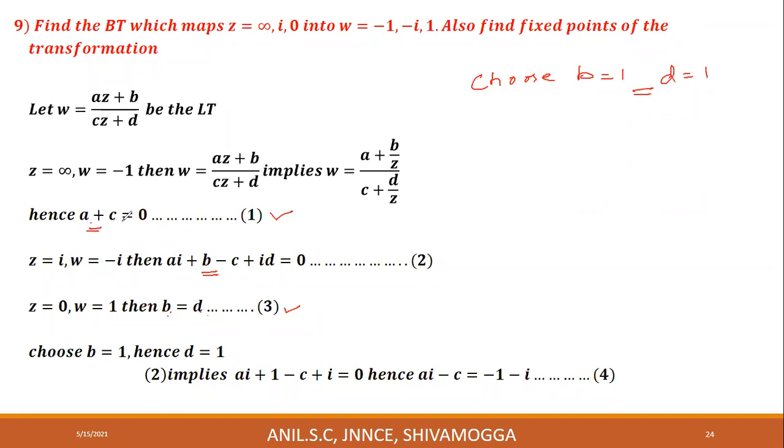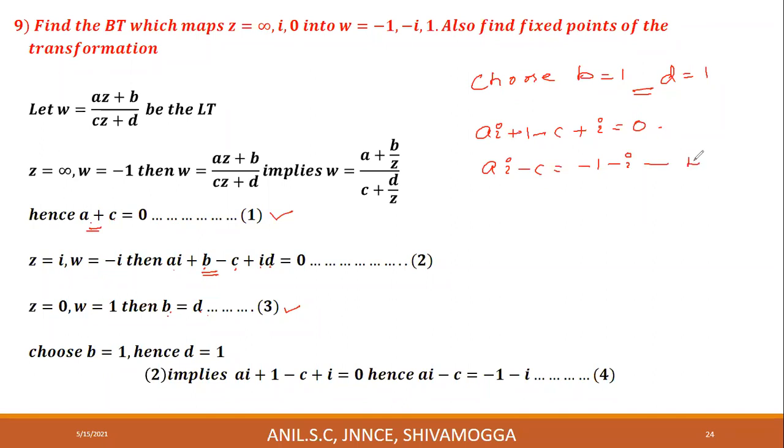Equation number 1, keep it as it is. Equation number 2: ai plus b, b is 1, minus c plus id, d is equal to 1, is equal to 0. Substitute here: ai plus b is 1, minus c as it is, plus i into d, d is also equal to 1. Therefore, this can be written as ai minus c equal to -1 minus i.